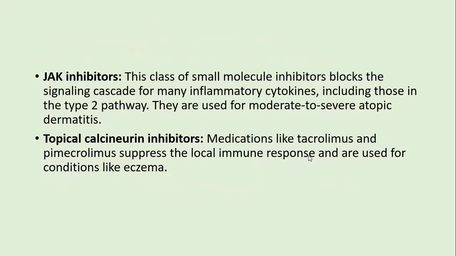JAK inhibitors: this class of small molecule inhibitors blocks the signaling cascade of many inflammatory cytokines, including those of type 2 immunity. So they are useful in moderate to severe atopic dermatitis.